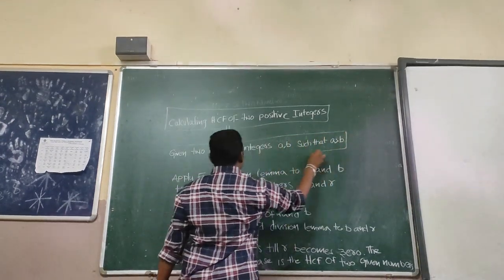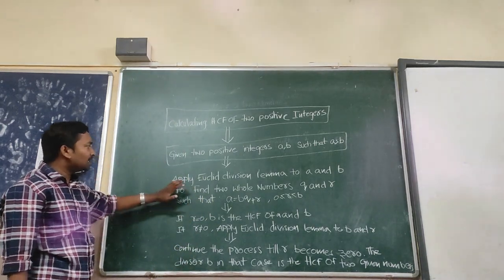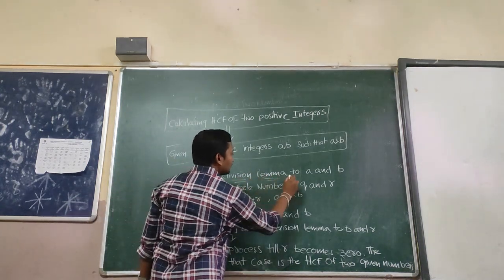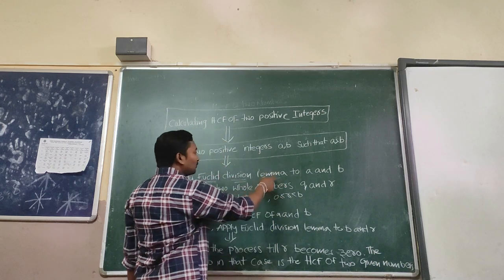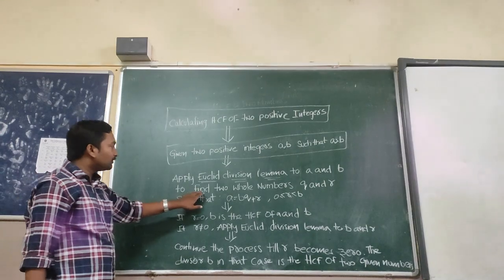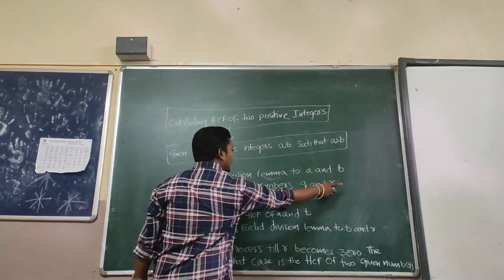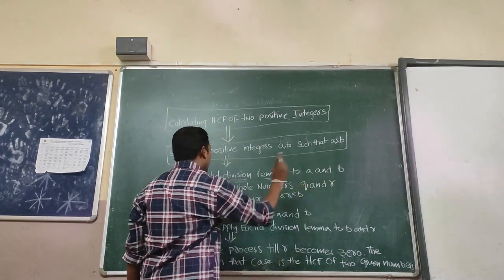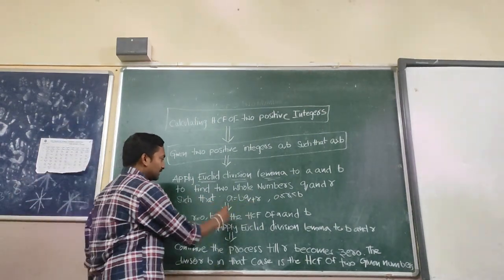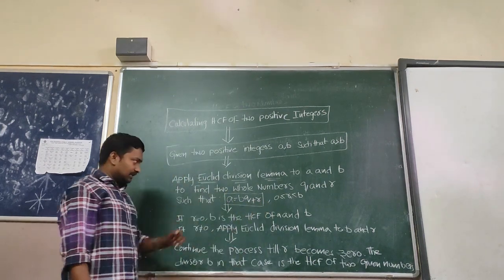Now the next step is to apply the Euclid division lemma to the two positive integers, A and B. After that we have to find two whole numbers Q and R such that A equals BQ plus R. This is the Euclid division lemma.